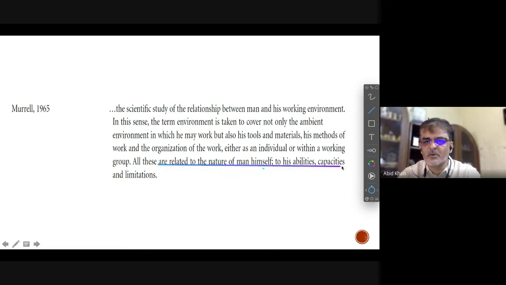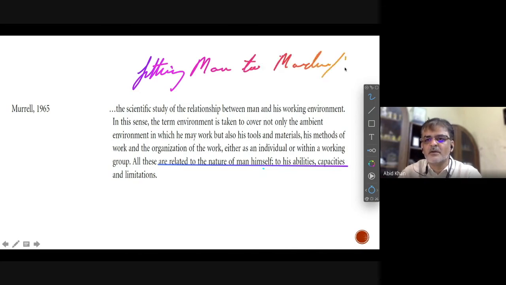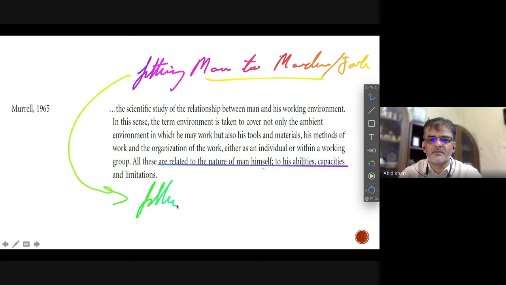This point is very important. All these things, tools, designs, material, environment, working conditions, and organization conditions, must be related to the nature of man himself. Fitting man or human to the machine or job was an earlier concept, but now we are moving towards fitting the job or machine to the human.